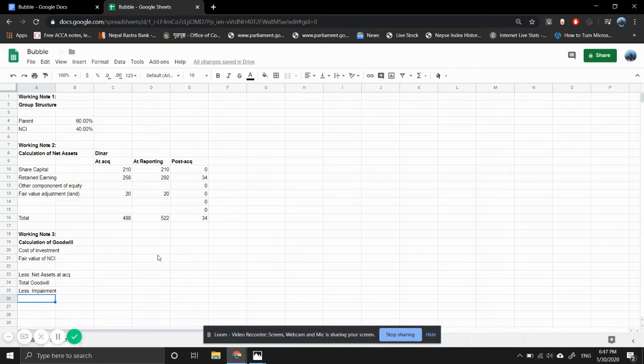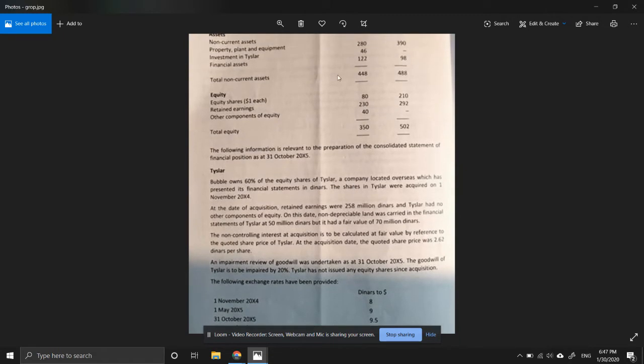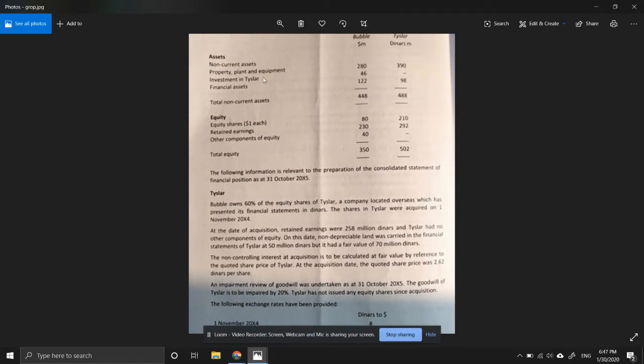And then after that, goodwill at reporting, right? So we know this is minus this figure from above, and then after that our cost of investment is how much did we invest. So it's not over here, so it's over here. Okay, so 46 million, right?